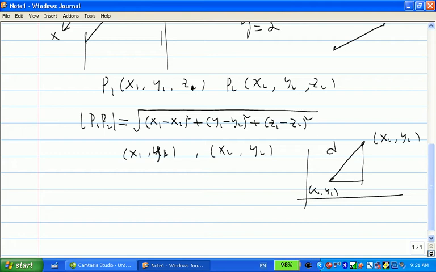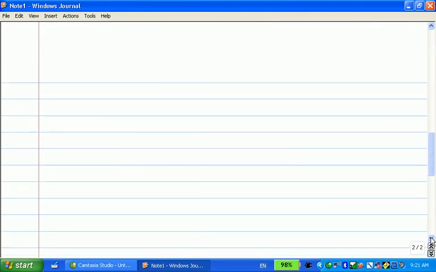This is the distance we're looking for. This length is obviously x2 minus x1, and this one is y2 minus y1. Then you use the Pythagorean theorem: a squared plus b squared equals d squared. You take square roots, and then you find this formula. Similarly, we get this 3D formula.